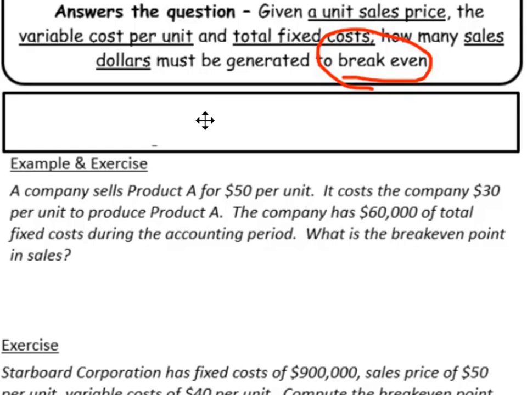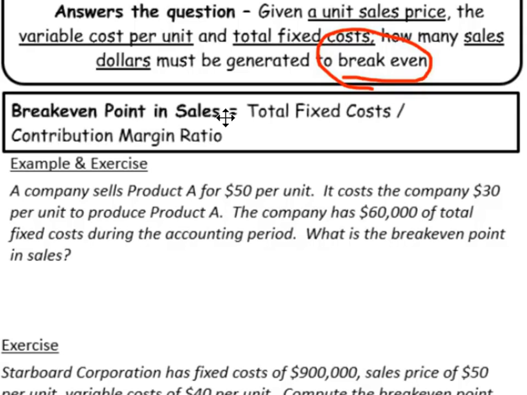So let's take a look at the break-even point in sales formula, and it's actually a very simple formula. We take our total fixed cost and we divide that by our contribution margin ratio. So again, total fixed cost divided by your contribution margin ratio. So let's try an example of this.